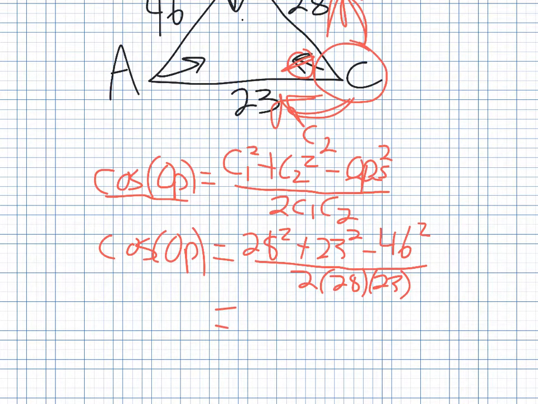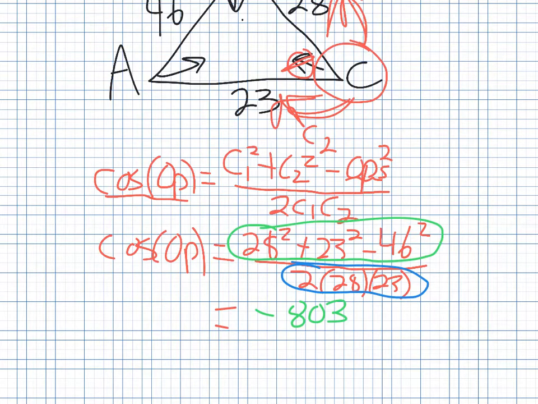So if you do 28 squared plus 23 squared minus 46 squared in your calculator, you're going to get negative 803 for the top. Then when you do the bottom, 2 times 28 times 23, that's going to work out to 1,288.